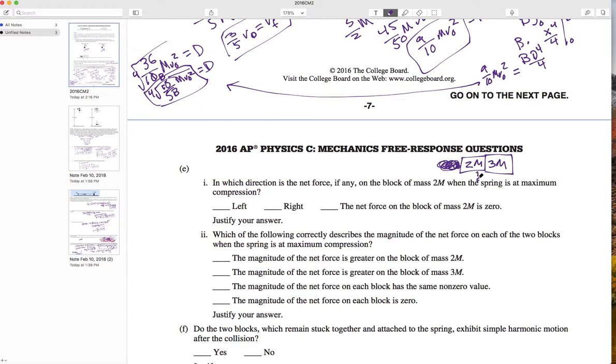This is 0 somewhere over here. This is position D. And we want to know which direction is the net force on mass 2m. Well, are we getting a force from 3m? Not really at that point. We're getting a net force that's pushing back.